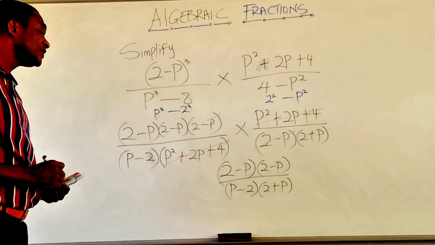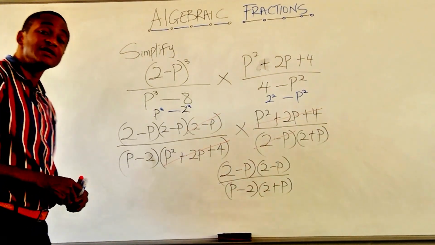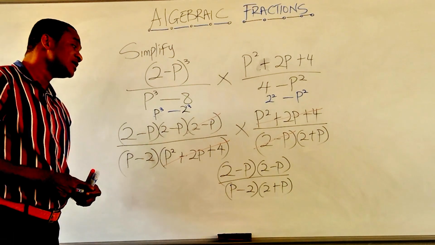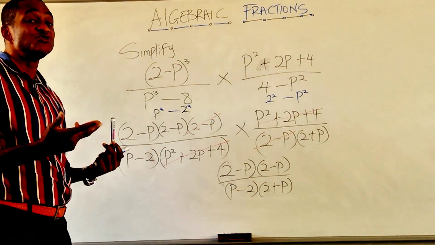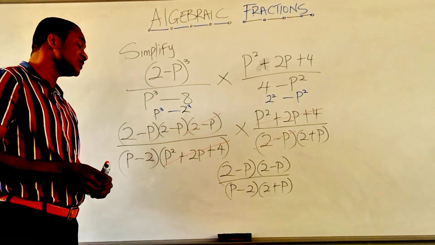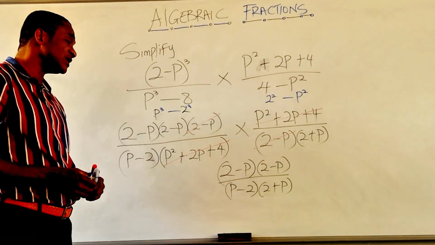Now what we can do here to simplify further is to use the change of sign rule. The change of sign rule can change one. You can apply it to the numerator or to the denominator so that we can cancel further.